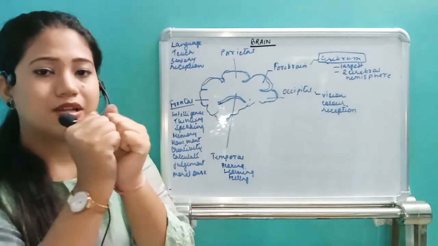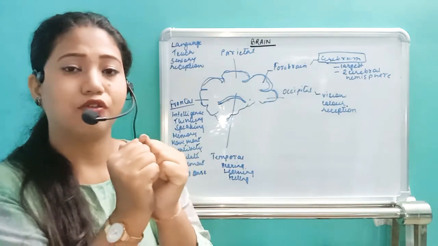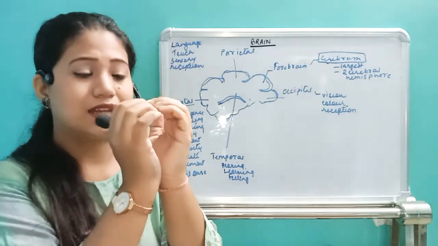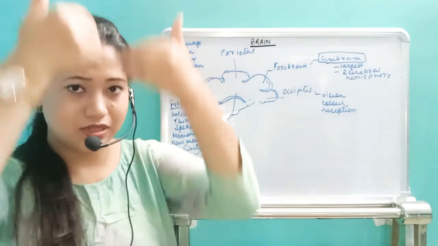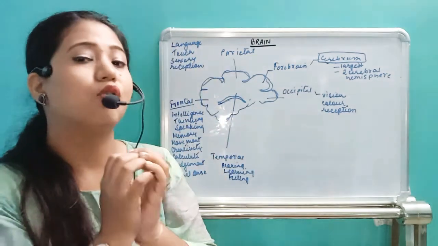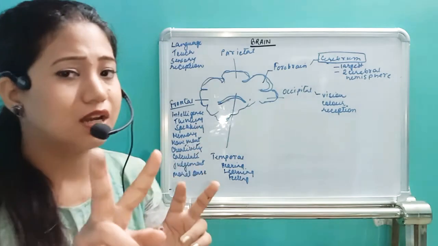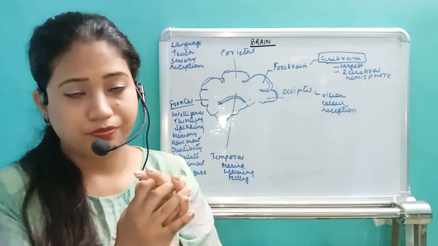These two parts are called the cerebral hemispheres. That sulcus is called the longitudinal sulcus. So longitudinal is present this way, and that's why we have two parts, called cerebral hemispheres. So two cerebral hemispheres form the cerebrum, right?